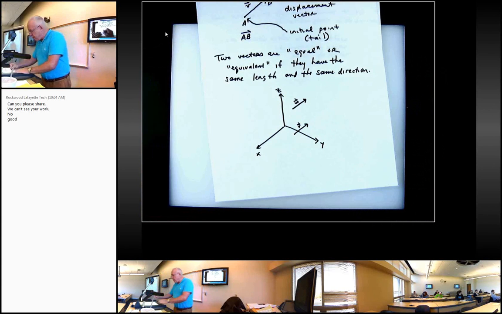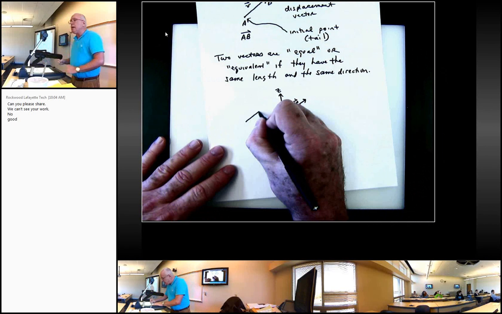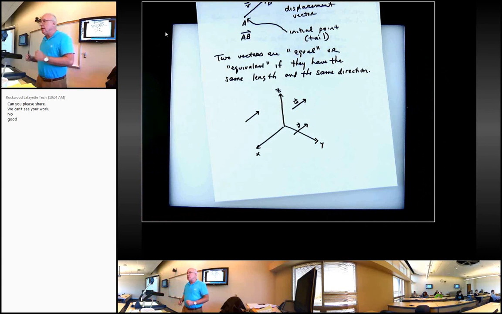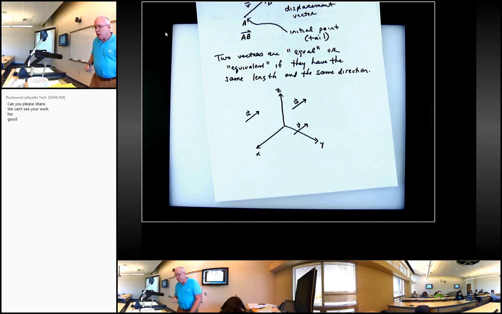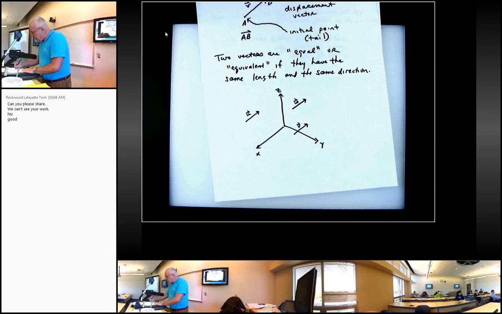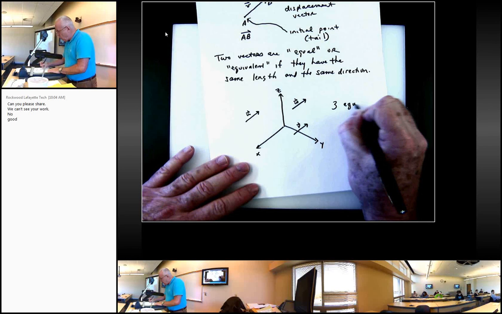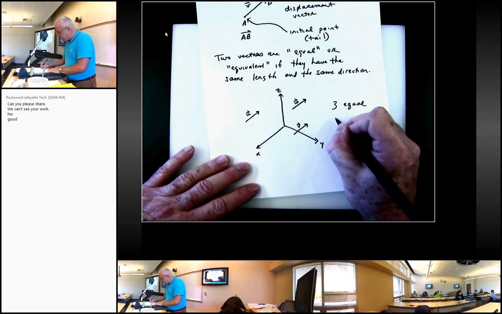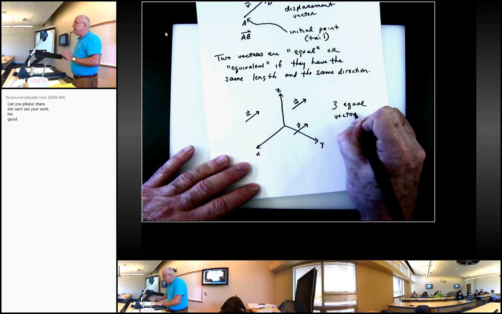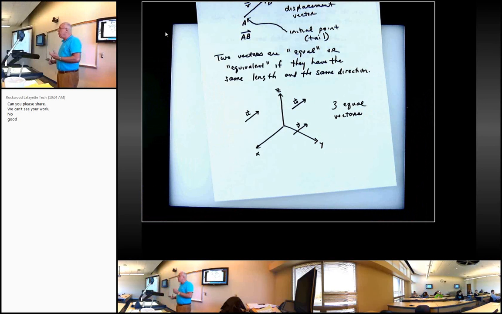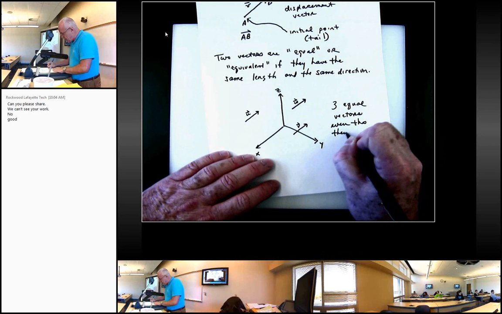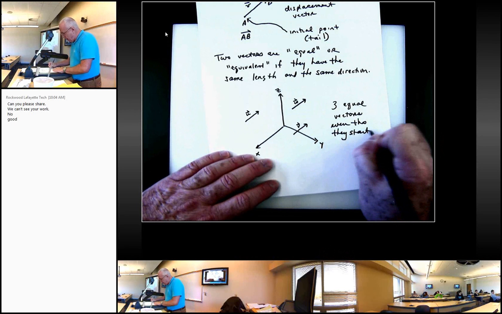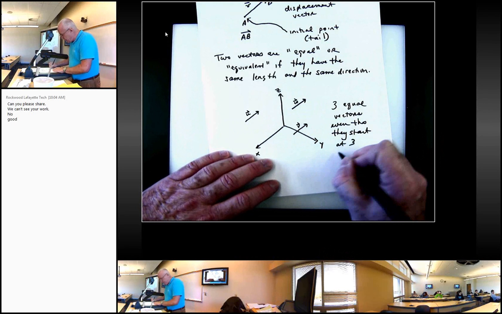Or we could even be over here somewhere, same length, same direction, same vector. And we could call that u. So these are three equal or equivalent vectors, even though they start at three different locations or points.